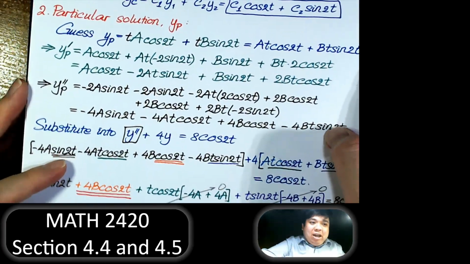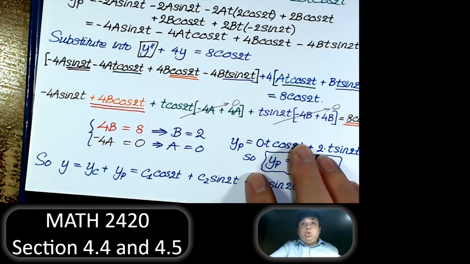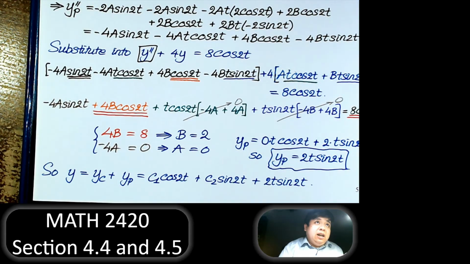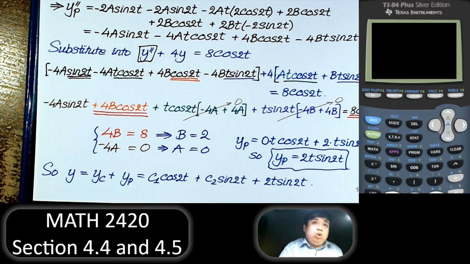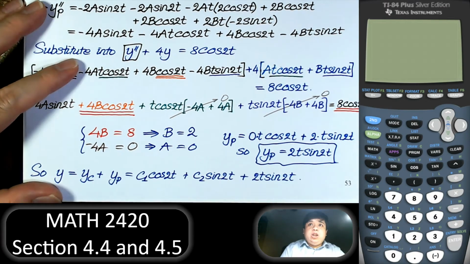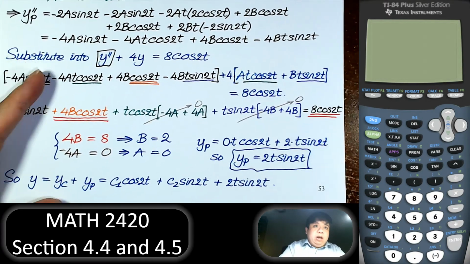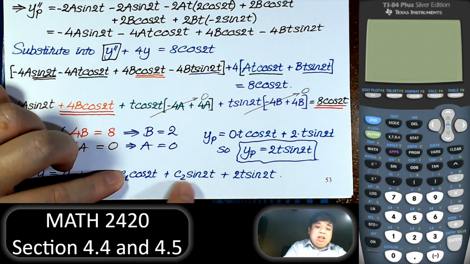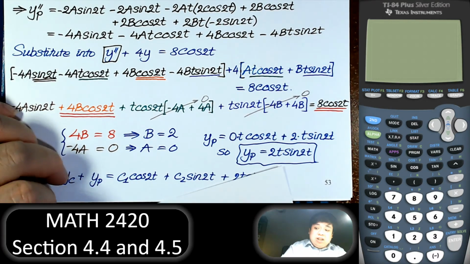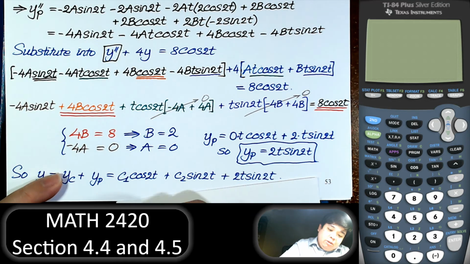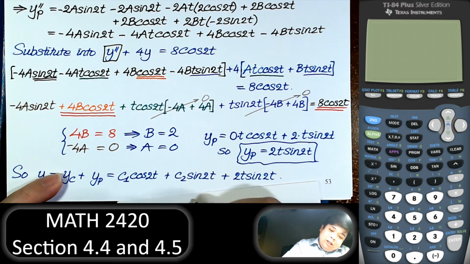Now, I did mention that when we have particular solution, any particular solution will do. So in that case, if we want to, we can let C1 to be 1, C2 to be 2. So a particular solution also can be in this form, like cosine of 2t, and then 2 sine of 2t.